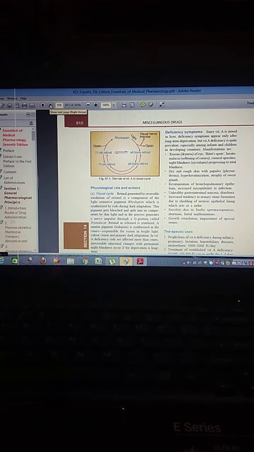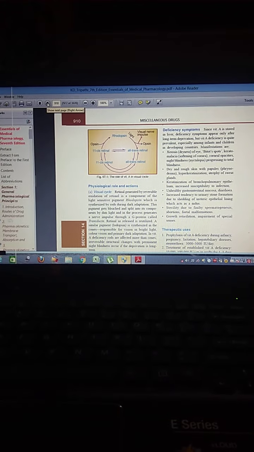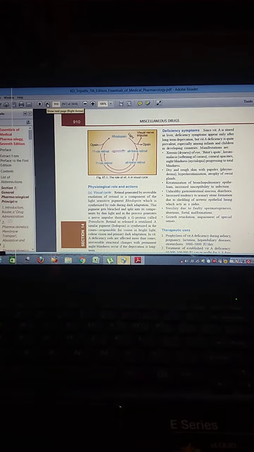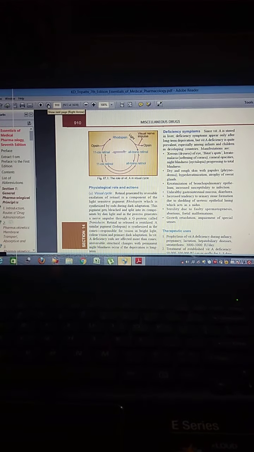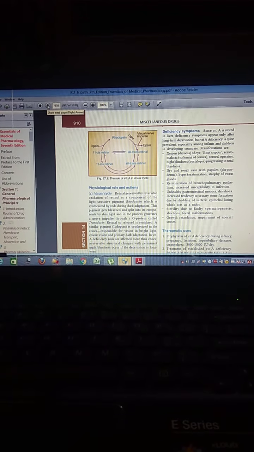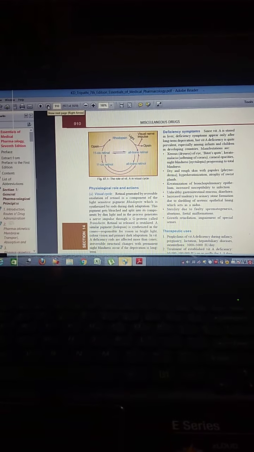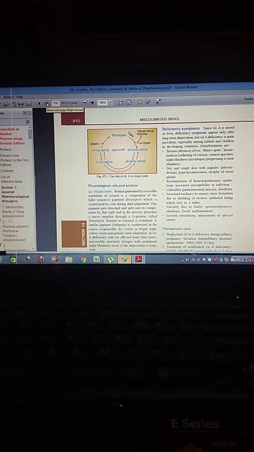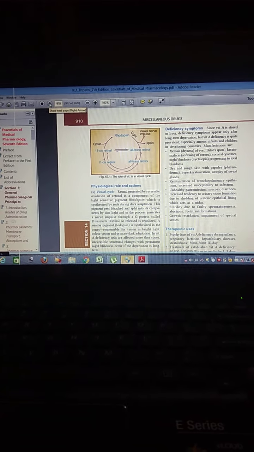This pigment gets bleached and splits into its components by dim light, and the impulse generated is passed to the G protein called transducin, and retinal is released to be utilized.